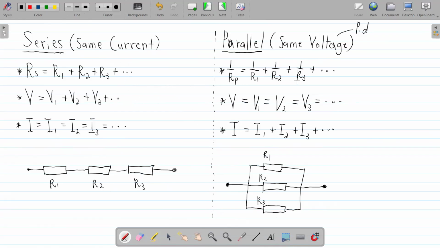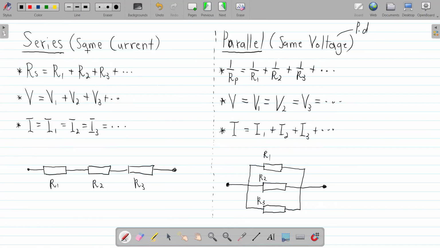Now the equations. Okay. Of course, you should be careful with the equations because the equations on this side do not apply on this side. You don't calculate resistance for a series the same way you would for a parallel. It is a fraction for a parallel and it's not a fraction for a series connection.